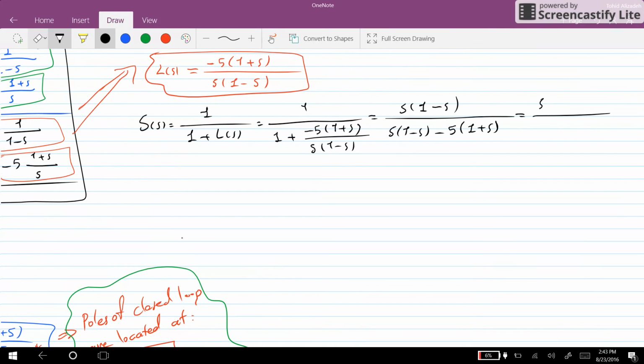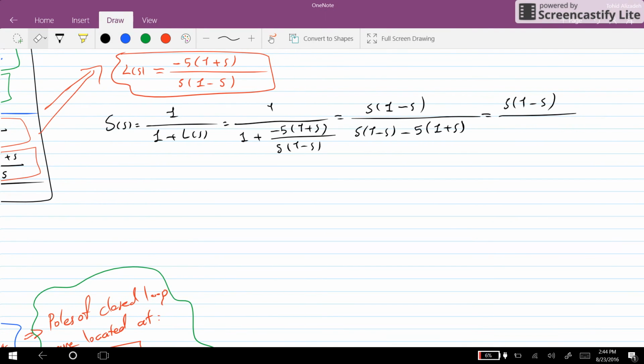Simplifying it further will result in S times 1 minus S, and at the denominator we will have minus S squared plus S minus 5 minus 5S, which will give us S times 1 minus S, and at the denominator we will have minus S squared minus 4S minus 5.